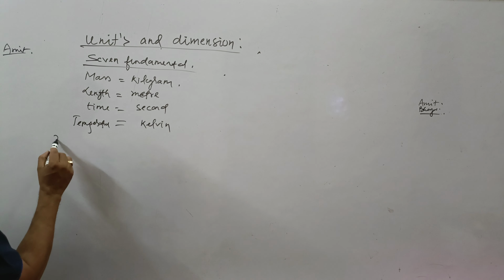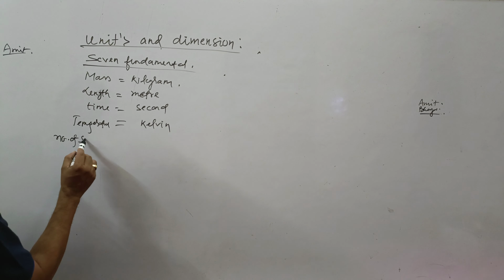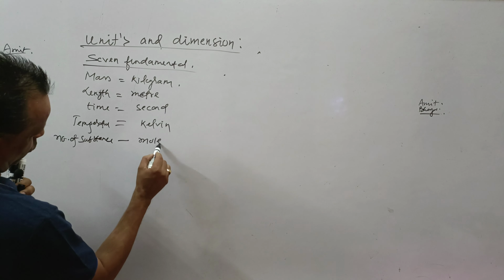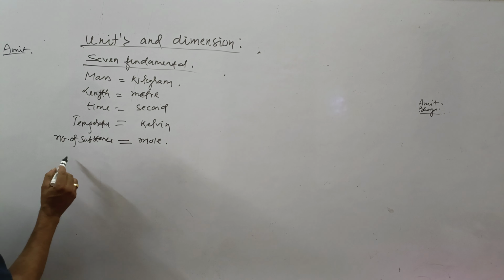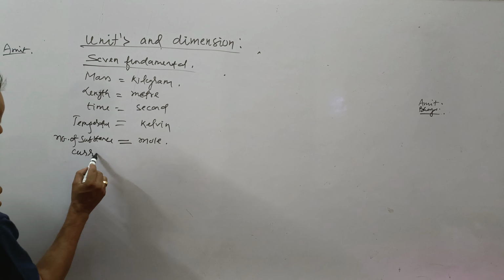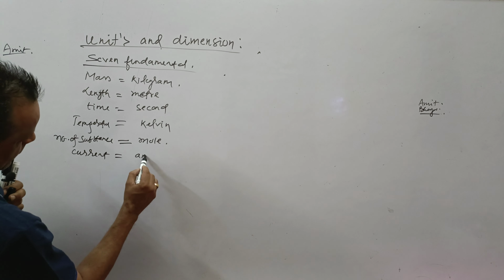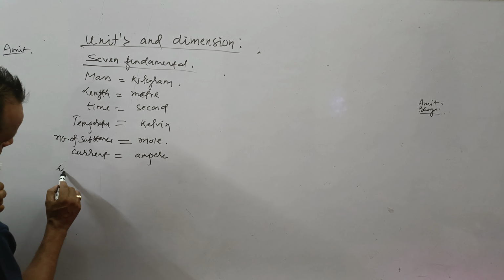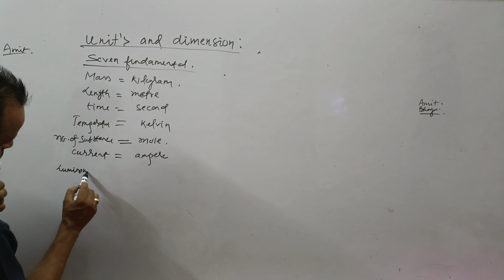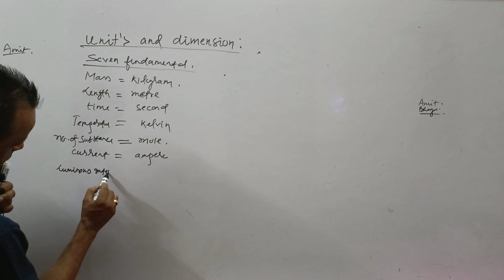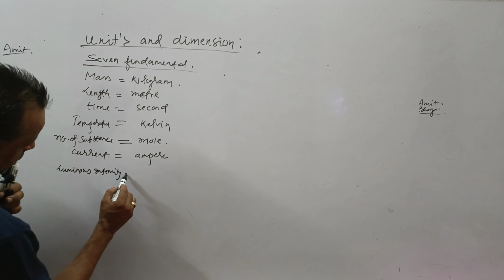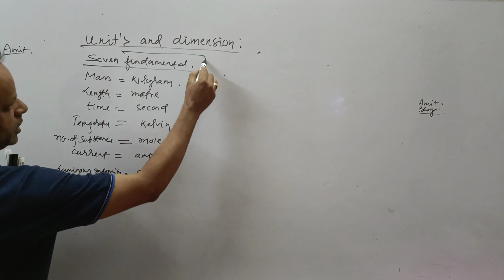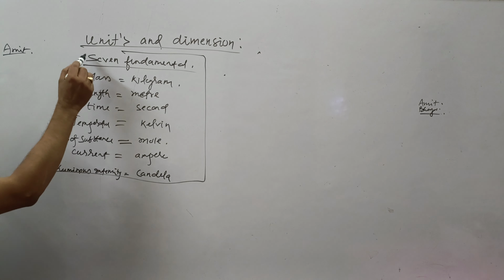Then for number of substance, we have mole. Then for current, we have ampere as a unit. And then for luminous intensity, we have the unit candela. These are the 7 fundamental units.